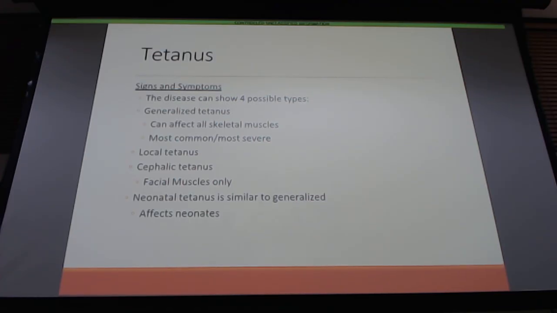Then you have localized tetanus. Localized tetanus is usually wherever you get inoculated. Okay, it usually stays in that little confined area for a while, and it just irritates and causes spasming in just that area.